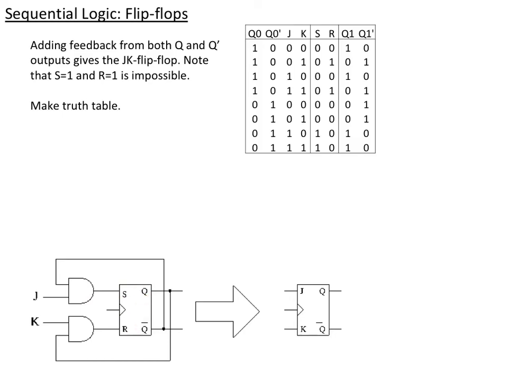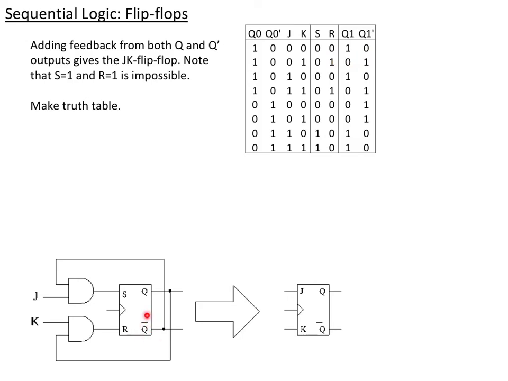I remain in the same state. Now if I'm in state 1 and I set K equal to 1, then I have 1 here, I hit the reset, and I have to go to 0. So if I have state 1 and K equal to 1, I know I'm resetting, and the new state will be 0.